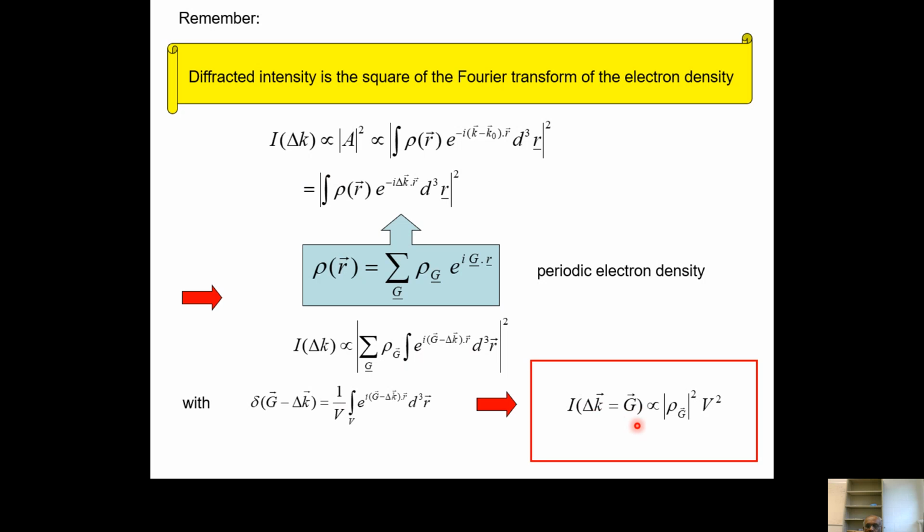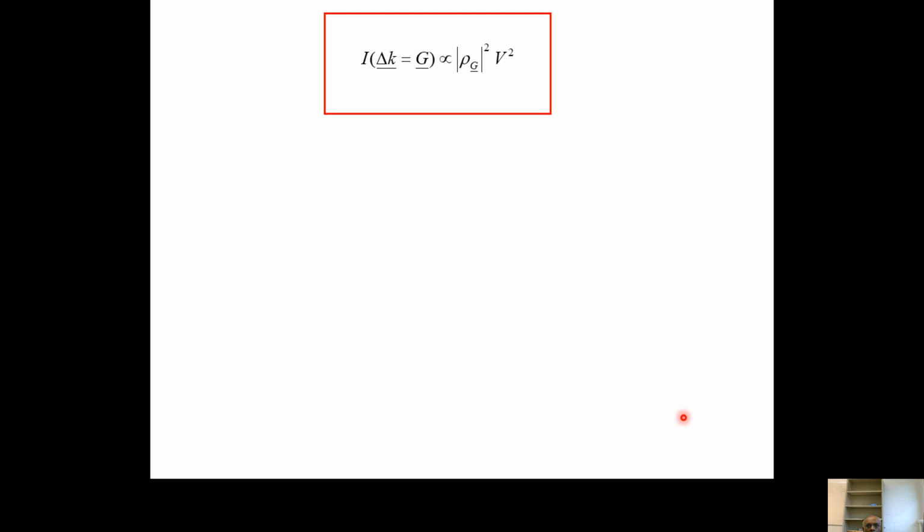G is the reciprocal lattice vector, which we'll talk about later. You can see this rho G is the Fourier transformation of your electron charge density.